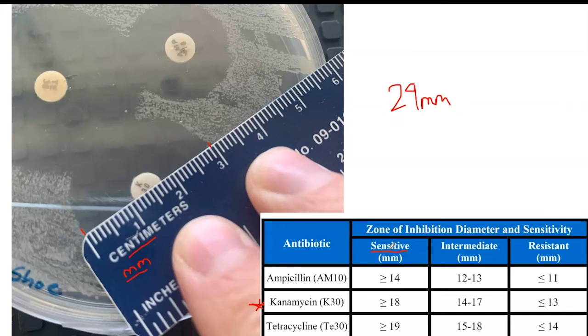So if we say this bacteria is sensitive to kanamycin, it means kanamycin works. It kills or inhibits the bacteria. Whereas if we say this bacteria is resistant to kanamycin, it means kanamycin doesn't work. Another way of saying that is the kanamycin has no effect on the bacteria, and the bacteria can grow in its presence.